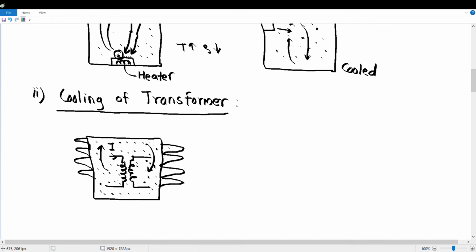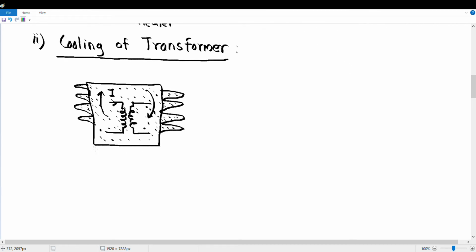Now this hot oil is in these cooling tubes. These cooling tubes are filled by this hot oil, and these cooling tubes are in contact with the surrounding air, and they transfer heat to the surrounding.